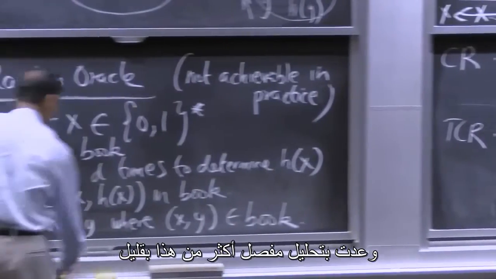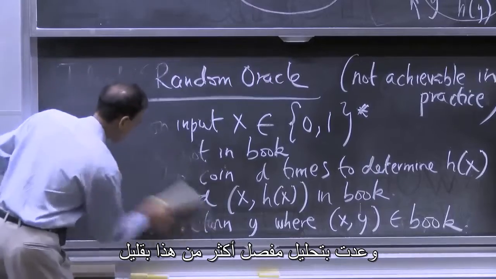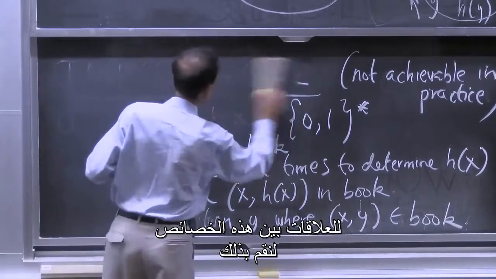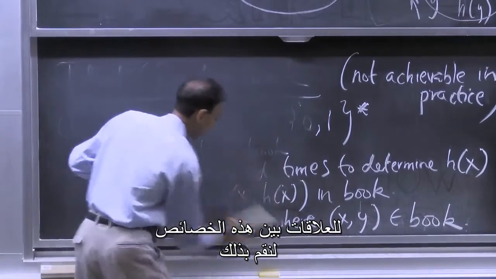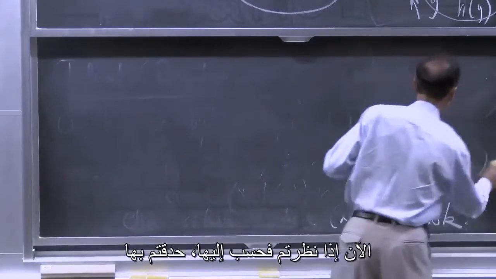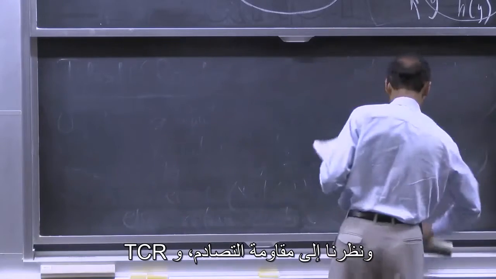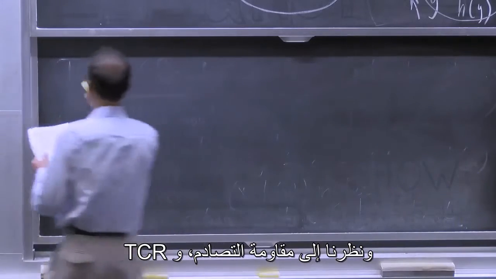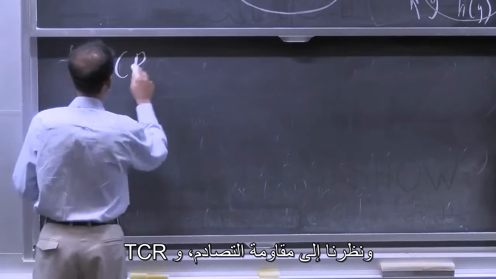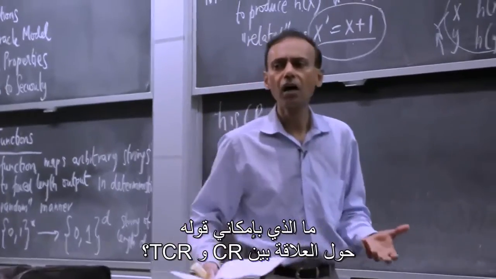I promised a slightly more detailed analysis of the relationships between these properties. So let's do that. Now, if you just look at it, eyeball it, and you look at collision resistance and TCR, what can I say about the relationship between CR and TCR?